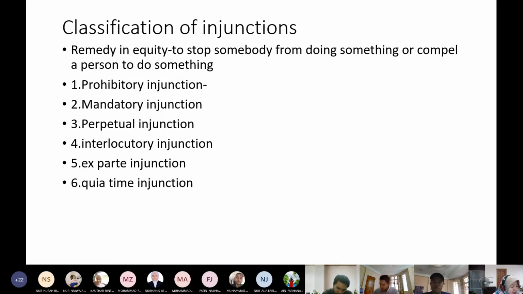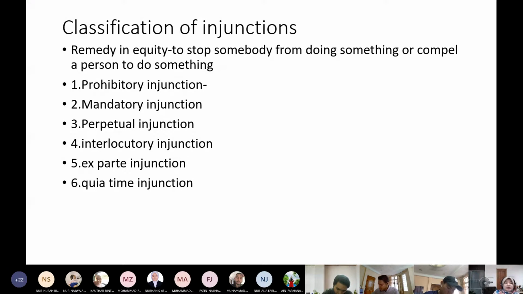Ex parte is granted only if one party is heard by the court. Ex parte means one party only, and there are reasons why some injunctions are made ex parte. Quia timet injunction is basically an injunction to restrain the other party from an anticipated wrong.